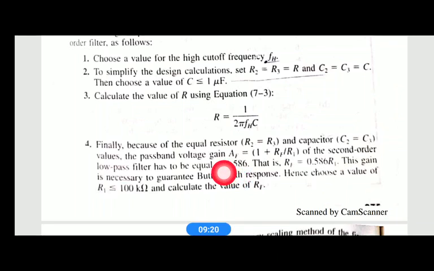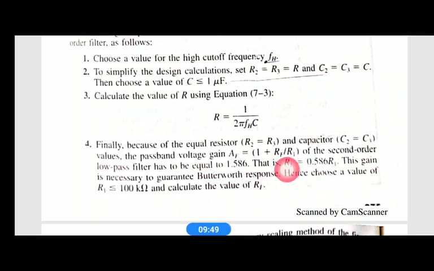To get the proper filter response, we must make our gain, this is the design condition, AF should be 1.586. This is compulsory.